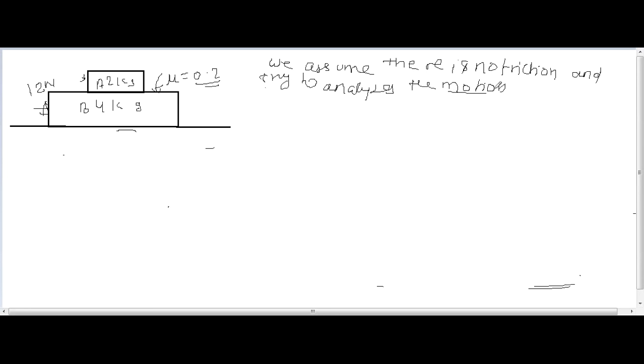Our main aim, with this purpose, is to find out the direction of motion.